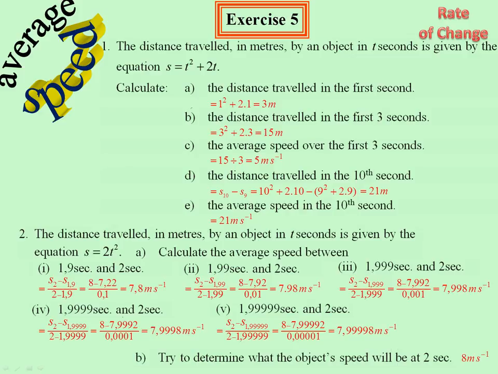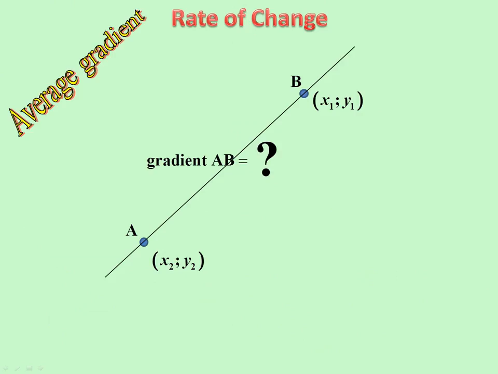Now this is in fact the sort of thing that calculus allows us to do without all these calculations. Average gradient. Well, for a straight line, we don't have to talk about average gradient here. The gradient is y2 minus y1 over x2 minus x1. Difference in y's over difference in x's. Change in y over change in x.